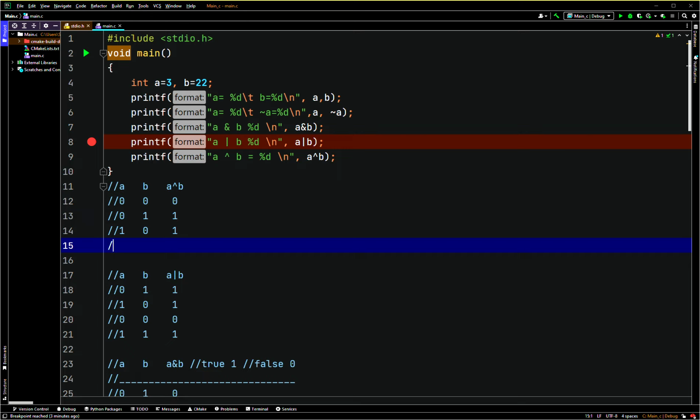So if A is 1 or true and B is 1 or true, then it's still going to be 0 or false. So I'll just have here, 1 must be true, or 1, and 1 must be false to be true. So those are the only conditions where it's going to be true.